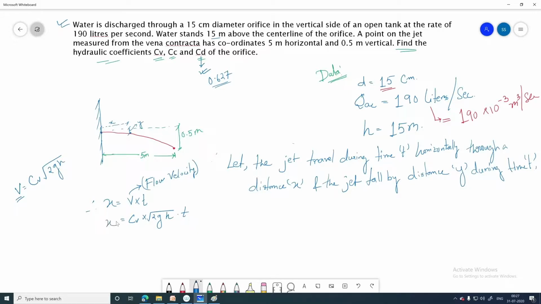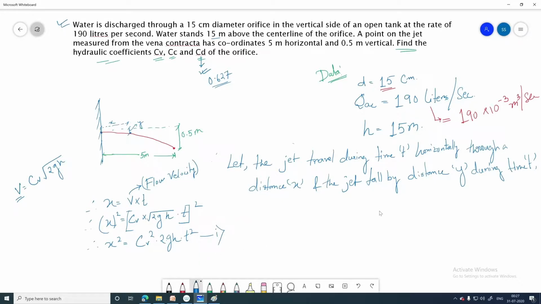Squaring it, we get x square equals Cv square 2gh into t square, something like this.